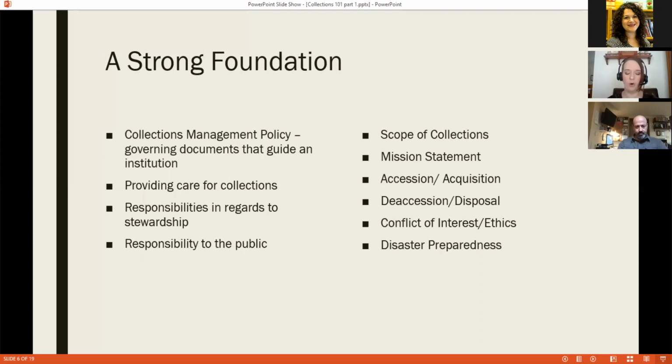So we're going to go over scope of collections, mission statements, accessions and acquisitions, deaccessions and disposal, conflict of interest and ethics, disaster preparedness, and just the general ideas of providing care for collections and the responsibility of an institution to the public.